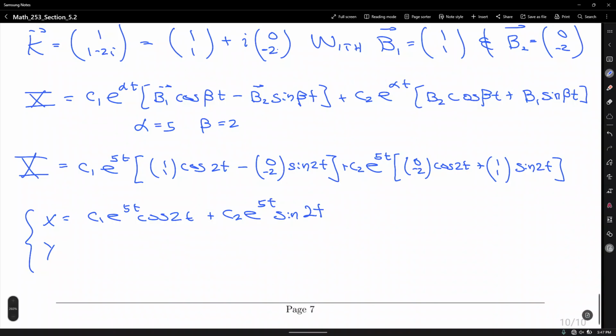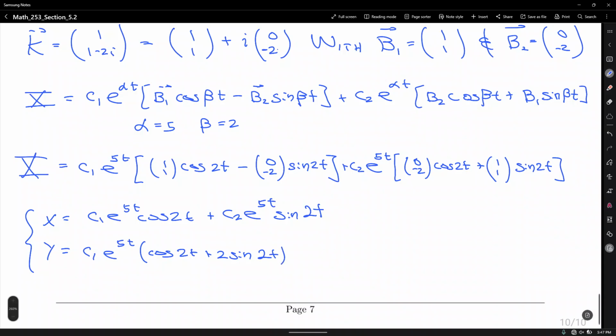And what about the y equation? In this case, I'm going to multiply C1 e to the 5t, and I'm going to go 1 times cosine 2t, minus minus, isn't that really a plus, 2 sine 2t?